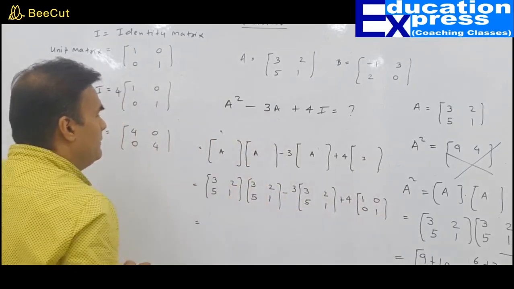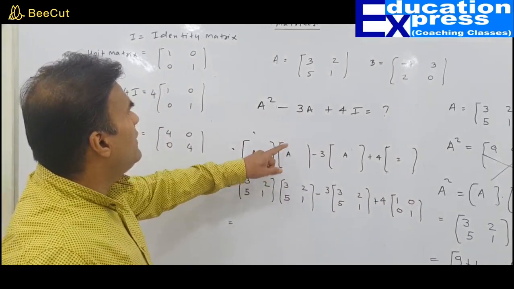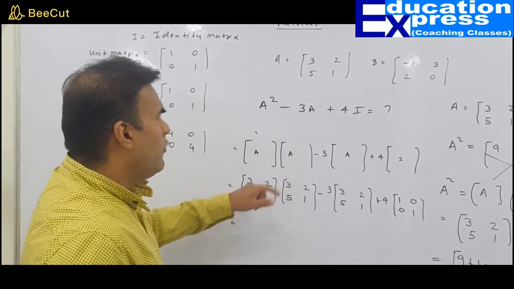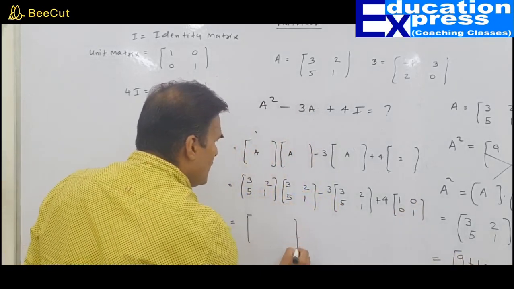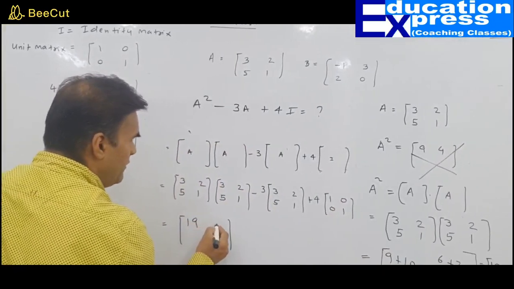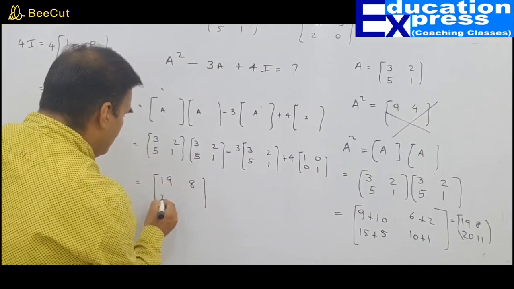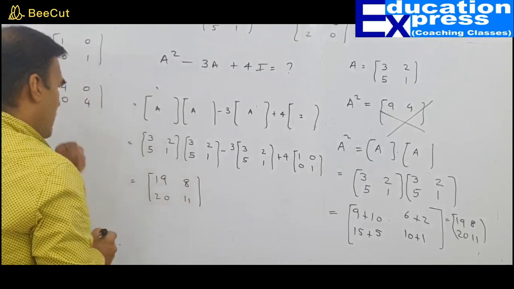My dear friends, A into A, that is A square, I have already found out. The value is [19, 8; 20, 11].